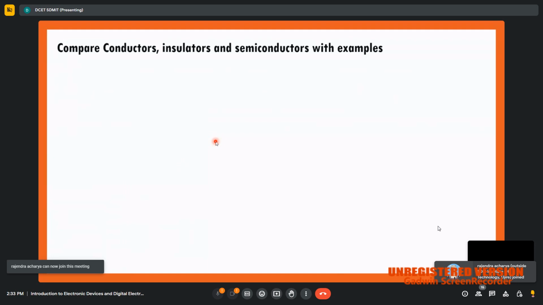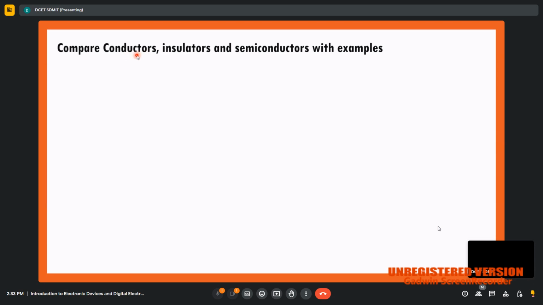First, if we start with the concept of comparing conductors, insulators, and semiconductors. Whenever you take any material, we classify the material into conductor, insulator, or semiconductor. Conductors are the materials that allow the flow of current.